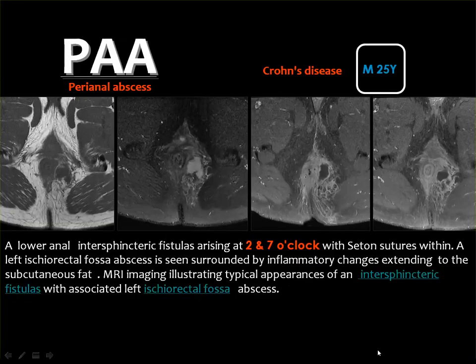Then here you see also another abscess, which is the result of an intersphincteric fistula arising at 2 and 7 o'clock. Actually, here you may find some difficulty identifying the site of the openings, but if you look carefully here you see these two very small black dots.